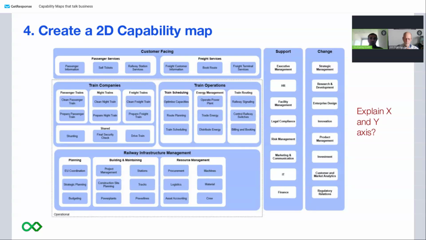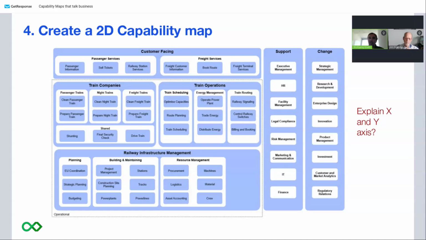Use them wisely. Use maybe the y-axis, the vertical axis, to express dependencies, to say, okay, customer-facing capabilities. Passenger services, selling tickets. Okay, what do we need to be capable of doing to sell tickets? We need to run trains. So it depends.